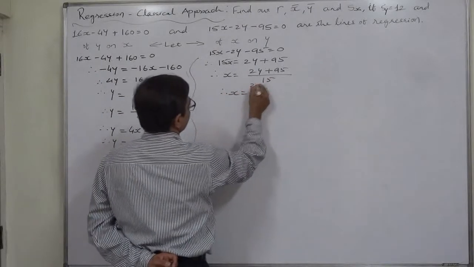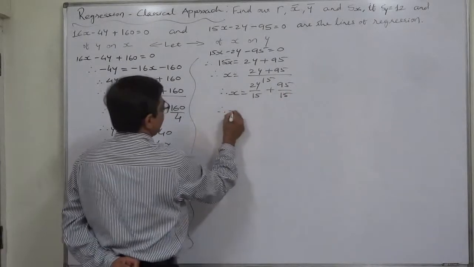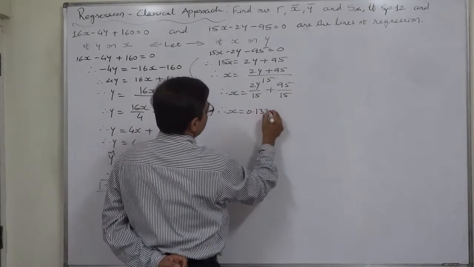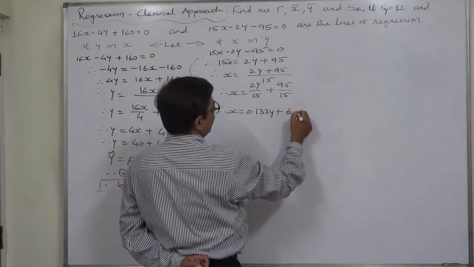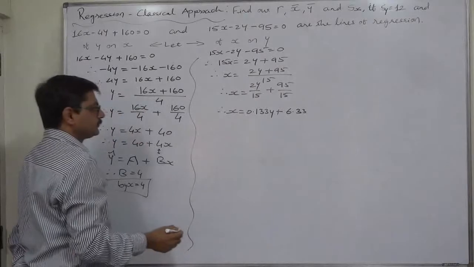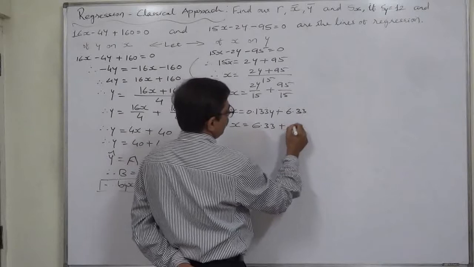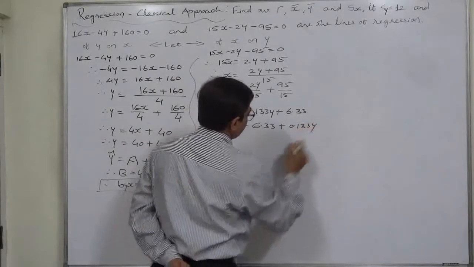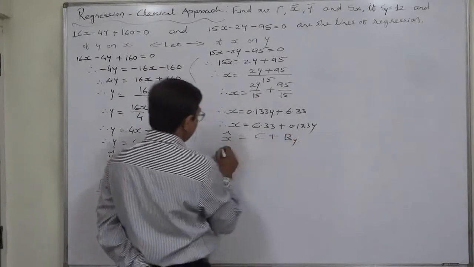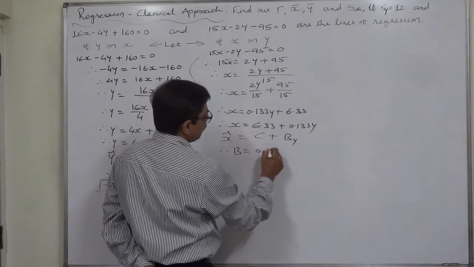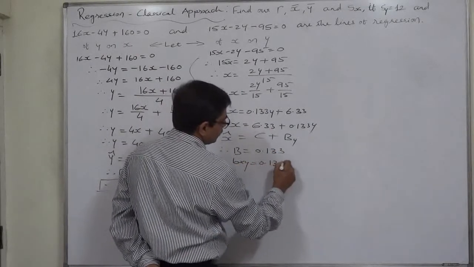That means x is 2y upon 15 plus 95 upon 15. Therefore, x equals 0.133y plus 6.33, or x equals 6.33 plus 0.133y. Let us compare it with the standard form, x cap equals c plus by. That means b is 0.133. b stands for bxy, and that is 0.133.